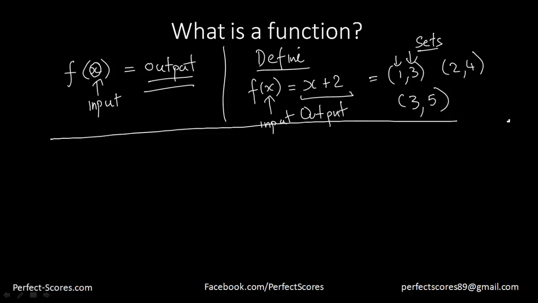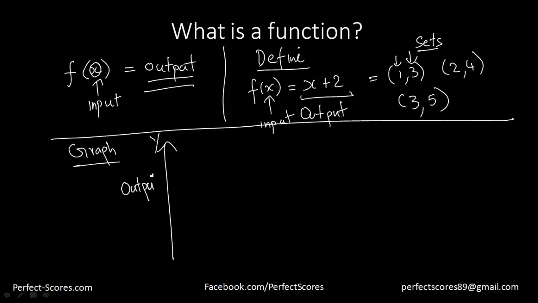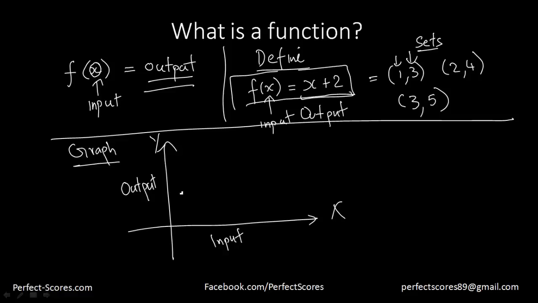Now you can also plot this input and output on a graph. On the y-axis you always have the output, and on the x-axis you always have the input. Just like in this case of f of x is equal to x plus 2, when you input 0 you get the output as 2, so that is one point.